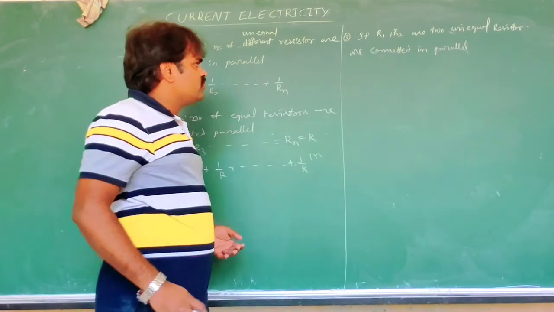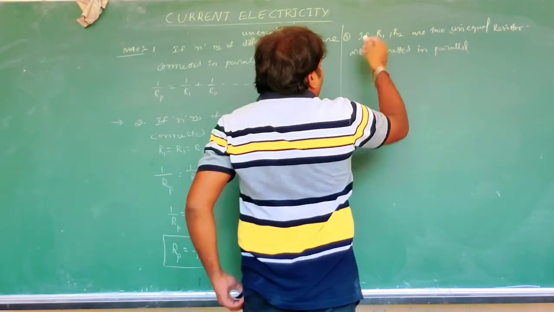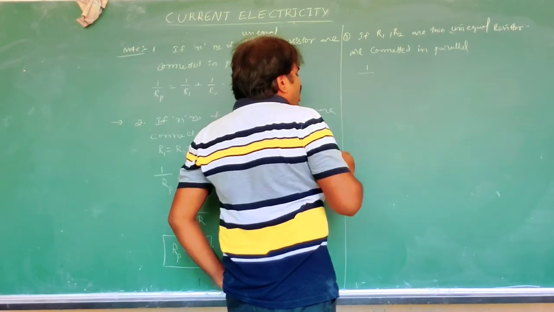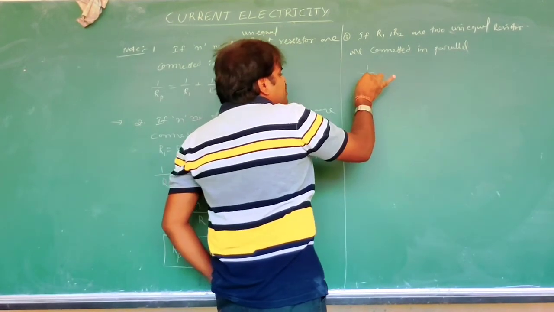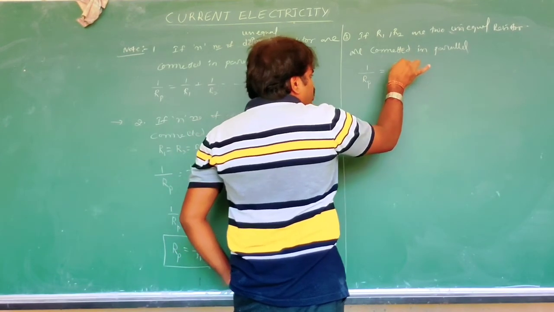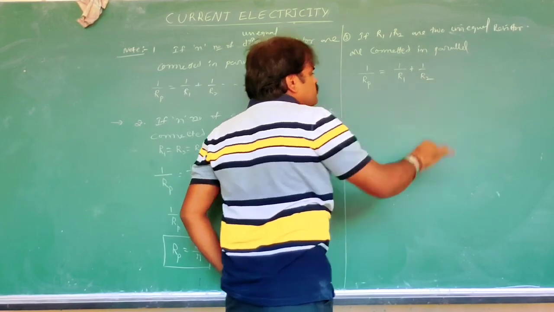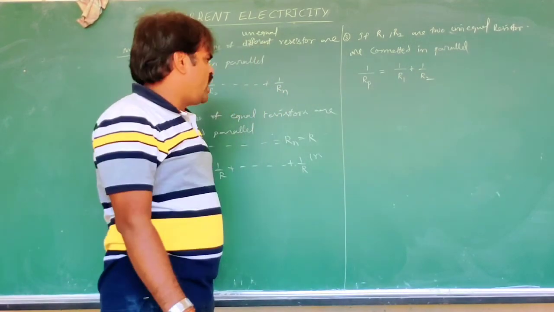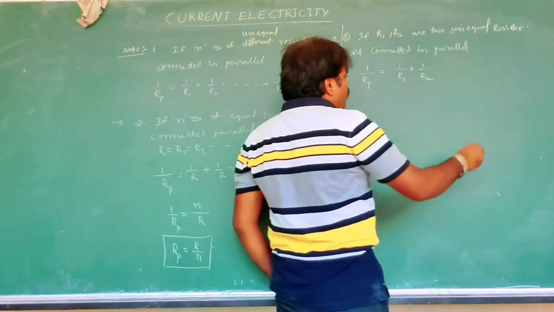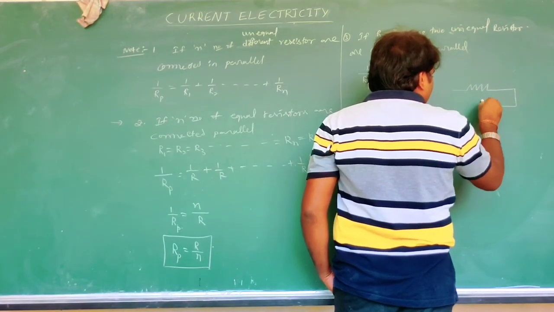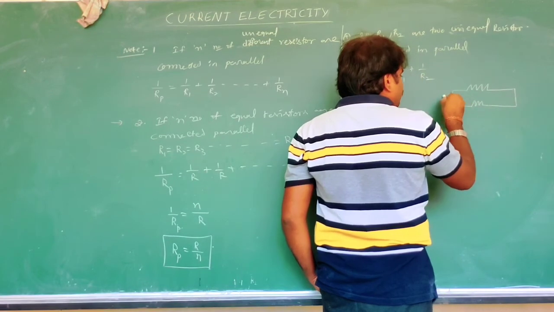Here, what do you write? First, the resultant resistance. The reciprocal of the equivalent resistance in the parallel combination must be equal to the sum of the reciprocals of the individual resistors. That is, 1 by Rp is equal to 1 by R1 plus 1 by R2. Like this, the resistors are connected in parallel combination.